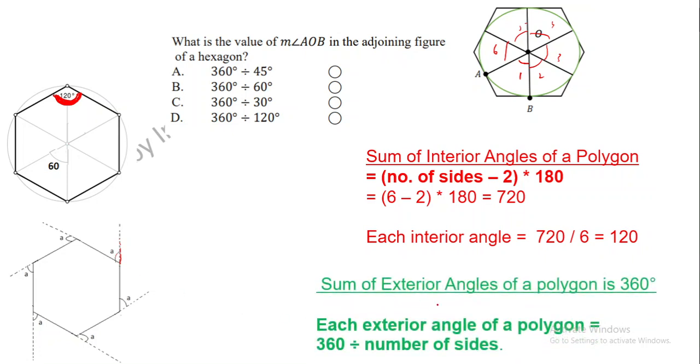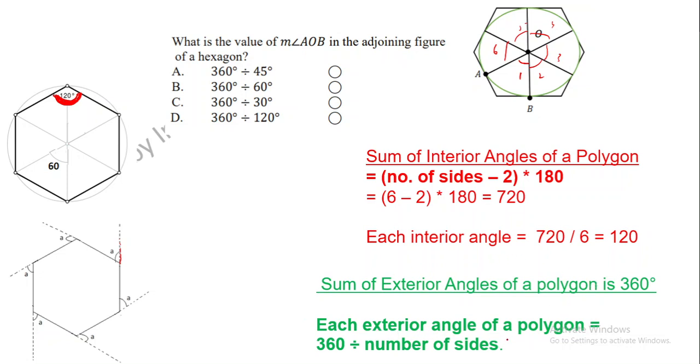So how can you find out the exterior angle? This formula, the green one, is very important for you to understand. This is a fixed one: the sum of the exterior angles of a polygon is always 360 degrees. This is the rule. Interior angles will change depending upon the number of sides. However, the sum of all the exterior angles of any polygon, from triangle to any number of sides, will remain 360 degree.